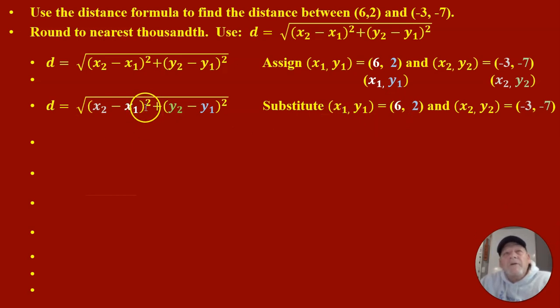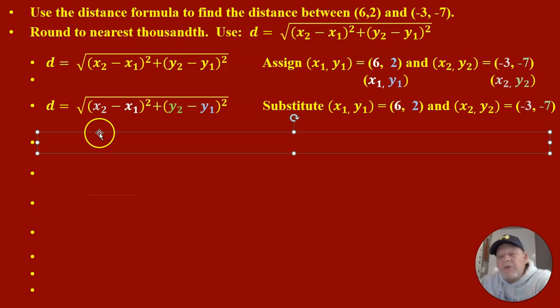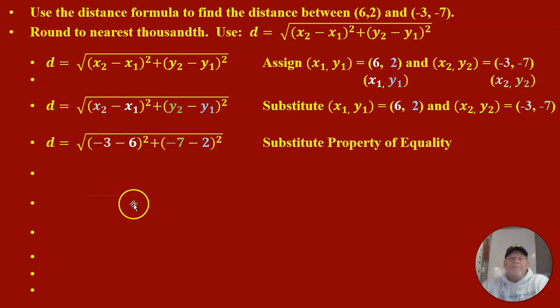Then I'm going to subtract those and then square it. And then I'm going to add that to your y2, which is -7, minus your y1, which is 2. And then I square those, and then I add those two numbers up, take the square root of it. So then it just becomes a calculator problem.